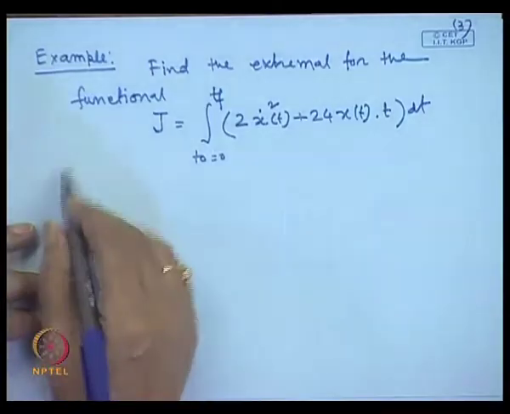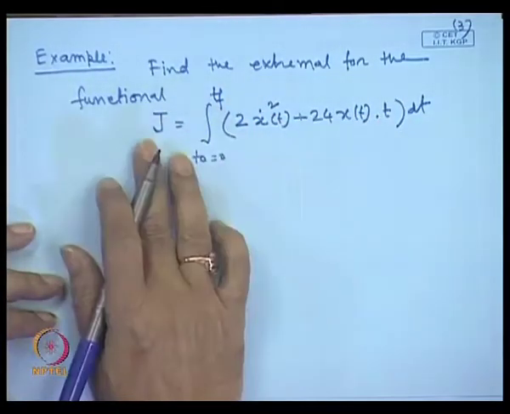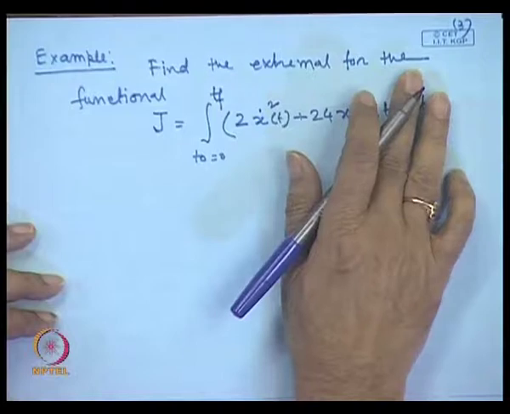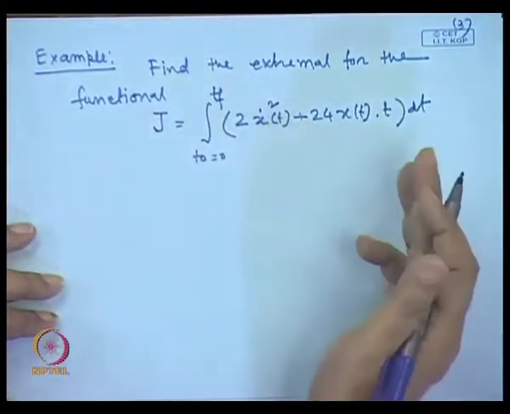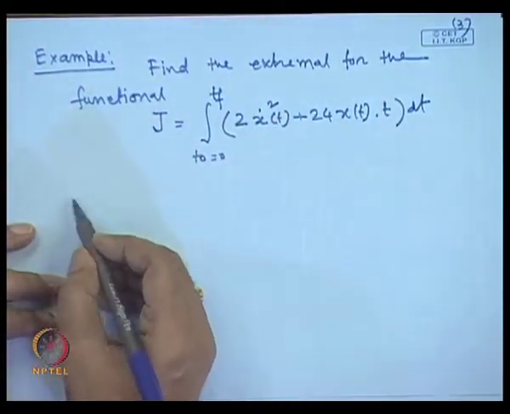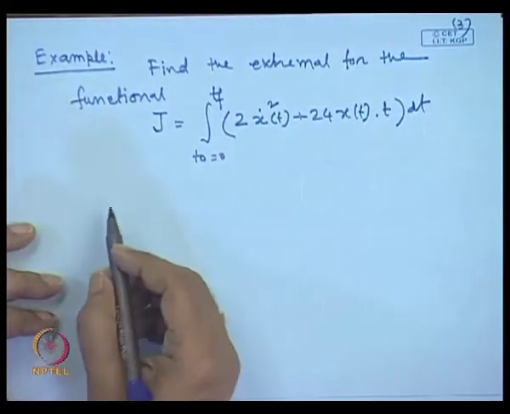So, this functional value J is to be optimized, whether minimum or maximum we have to find out, and the corresponding trajectory for this.